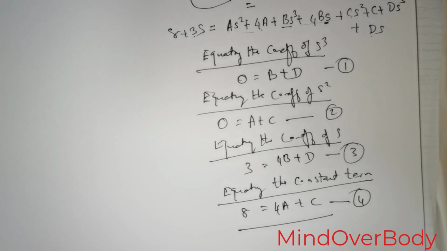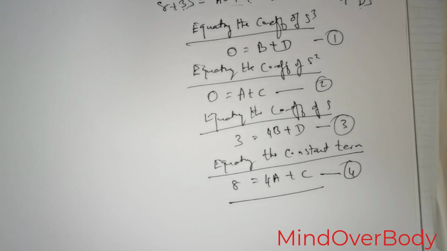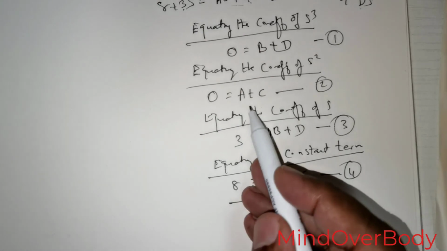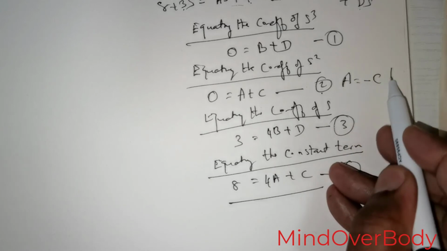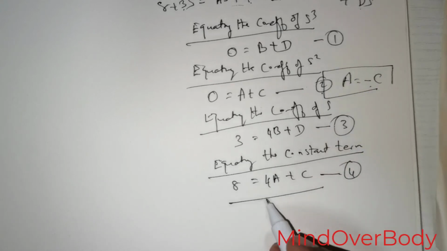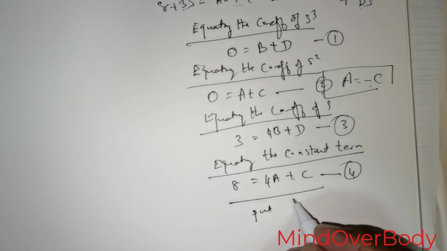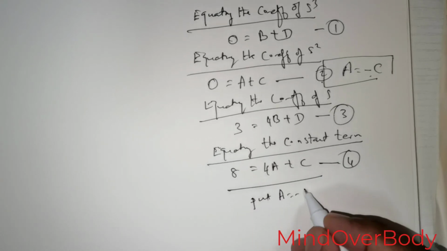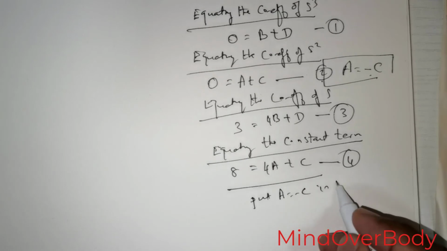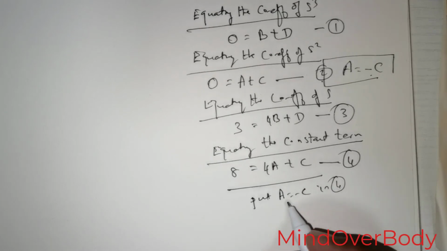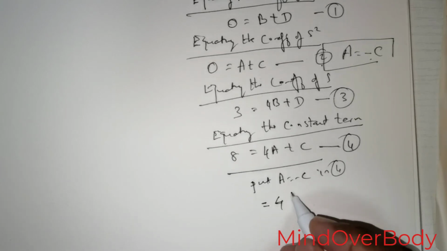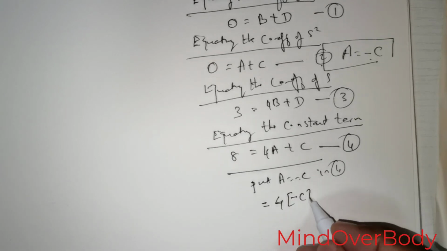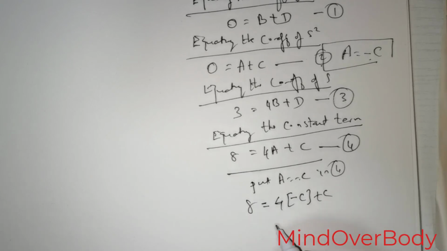So what I would do is I would try to solve from 2. I can get a is equal to negative c. I substitute the value here, put a is equal to negative c in 4. So in place of a, I substitute negative c. So this is going to be 4 times negative c positive c is equal to 8.